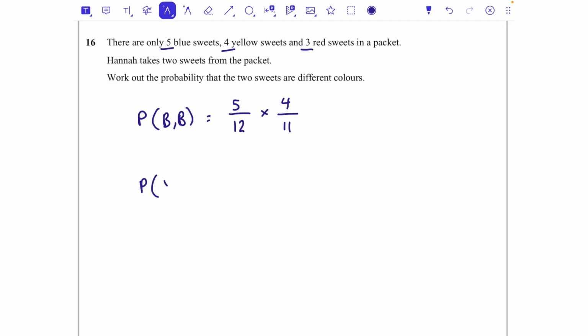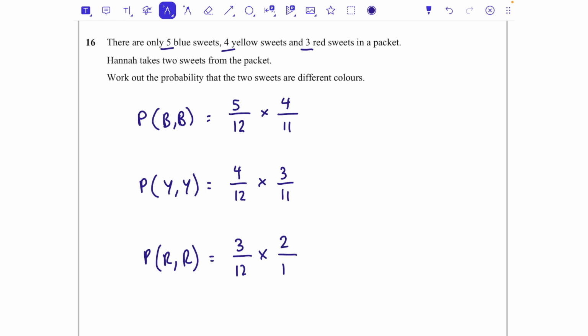The probability of taking yellow and another yellow would be 4 out of 12 for the first pick, but then if I've taken a yellow out, the next one is going to be 3 out of 11. And the probability of red and then red again is going to be 3, because there's 3 red, out of 12, times by, if you've taken that one out, there's then going to be 2 left out of 11.